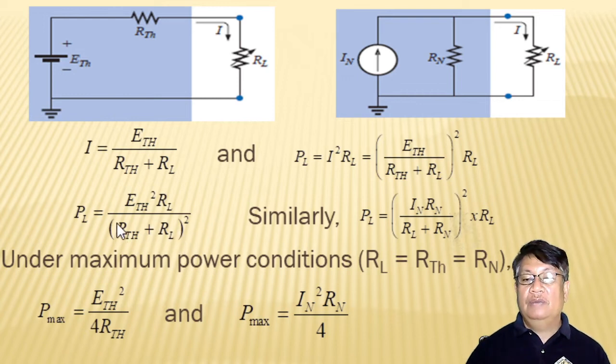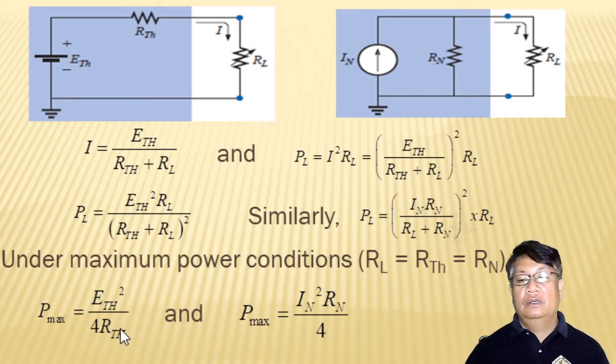R sub TH plus R sub TH is 2 R sub TH quantity squared, which is equal to 4 times R sub TH squared. The numerator here is R sub TH, and one of the R sub TH can be cancelled. That is why we have E sub TH squared divided by 4 R sub TH. So from here we apply maximum power transfer, where R sub L is equal to R sub TH.